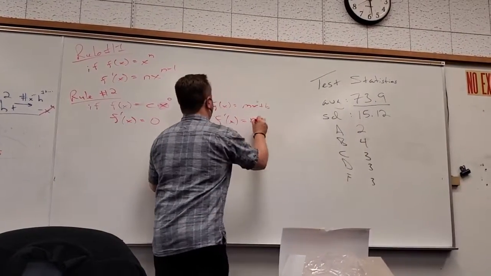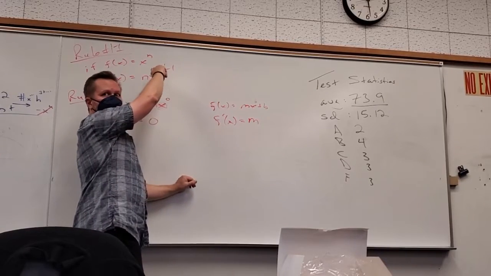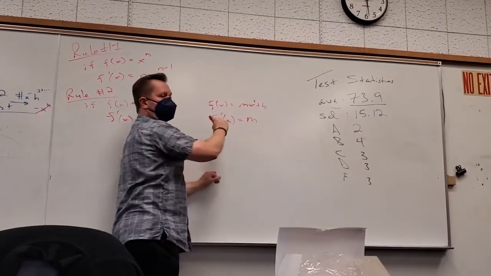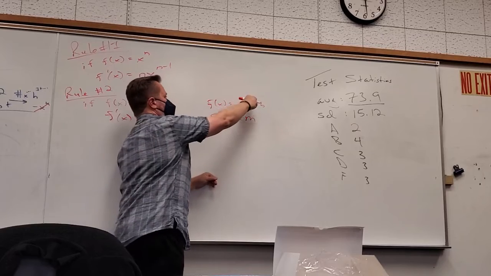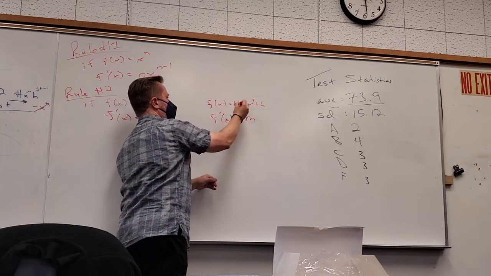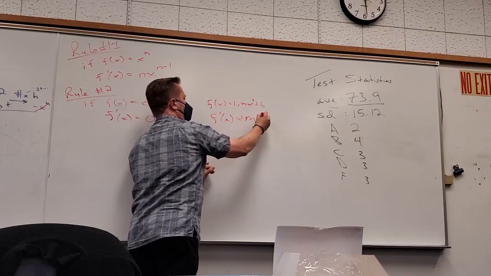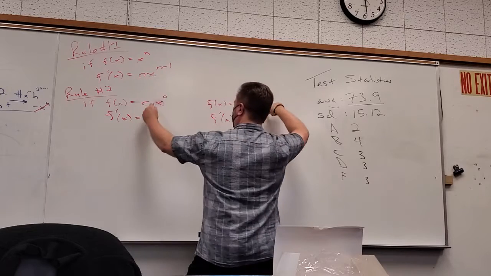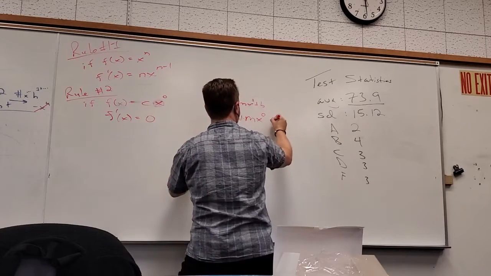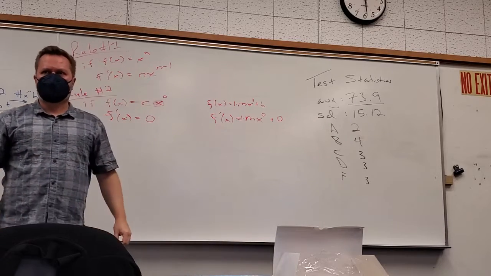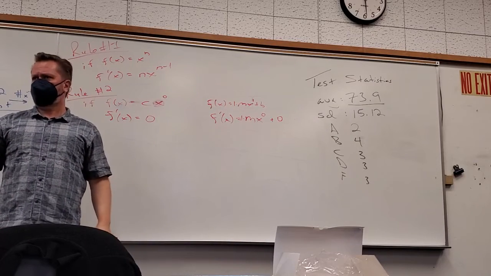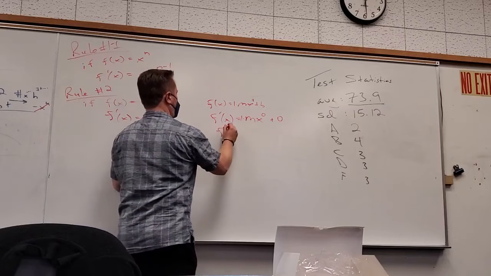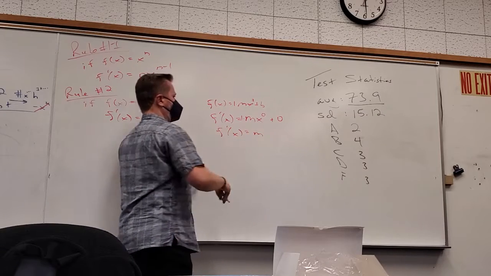Now how does that line up with the rule? Well, that's the first power right now, right? So it comes down, 1 times this, x to the 1 minus 1, and b is a constant. We already know that goes to 0, yes? And therefore, I get m.